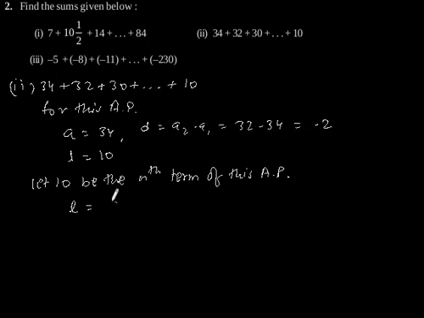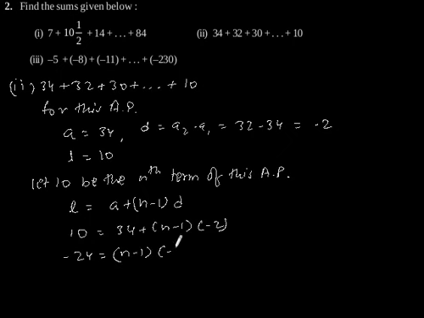So L is equal to A plus n minus 1 into D. Putting the value, 10 is equal to 34 plus n minus 1, D is minus 2. This gives minus 24 is equal to n minus 1 into minus 2, which implies n minus 1 is equal to 12, which implies n is equal to 12 plus 1, which is equal to 13.